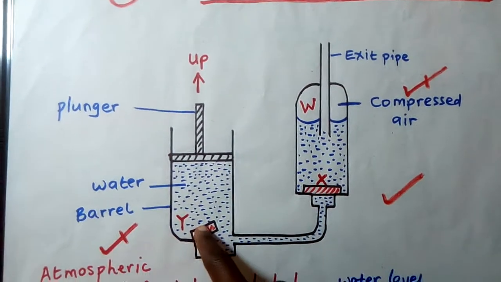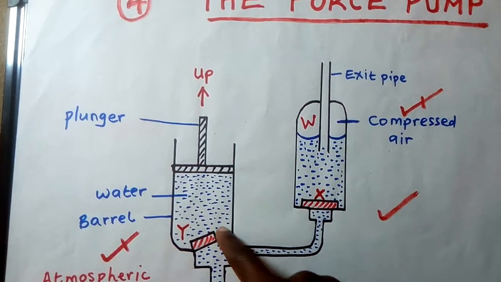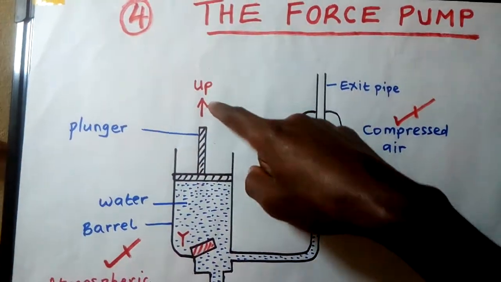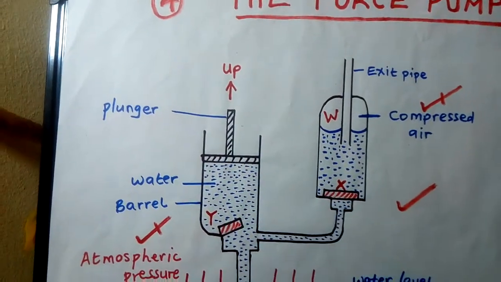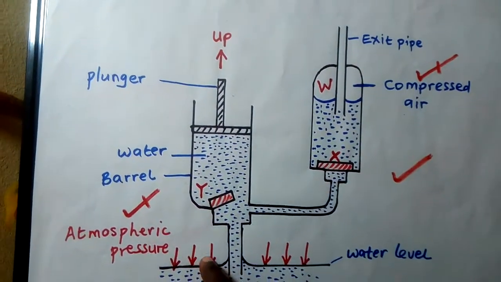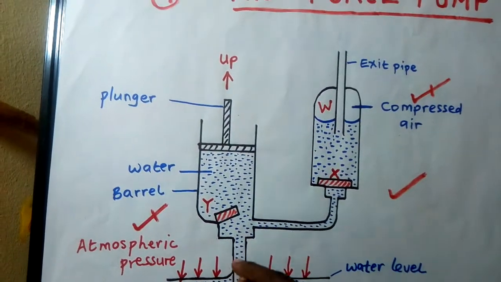And once this one opens, the water will be able to enter. Why does the water enter? Because when the piston moves up, the pressure inside the barrel reduces. And the pressure outside, that is atmospheric pressure, becomes more.